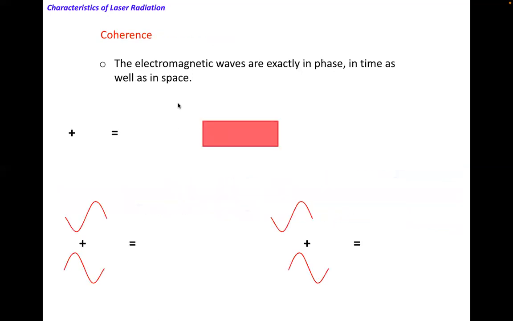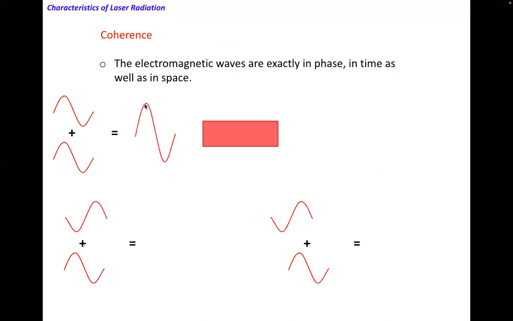Okay, so it is coherent. So what's coherence? Coherence means the electromagnetic waves are exactly in phase, in time, and as well in space. So the maximum of one light and the maximum of another light add up.